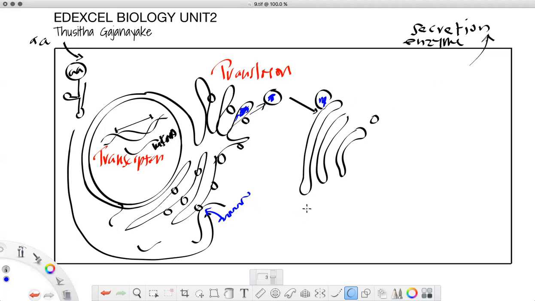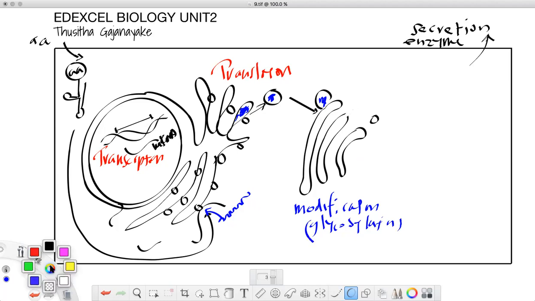The Golgi apparatus does a modification, for example glycosylation. After modifying the proteins, they are further packed into vesicles. These vesicles move toward the cell membrane and are released by exocytosis. The enzymes are released by exocytosis.